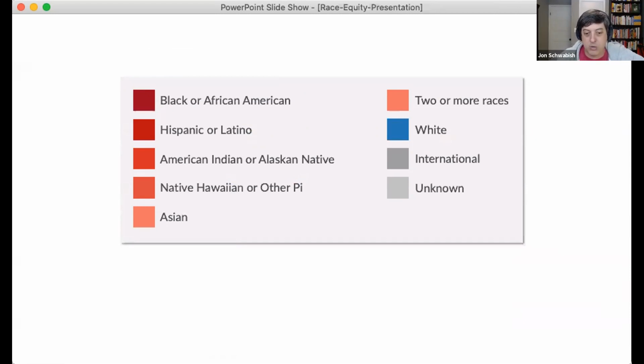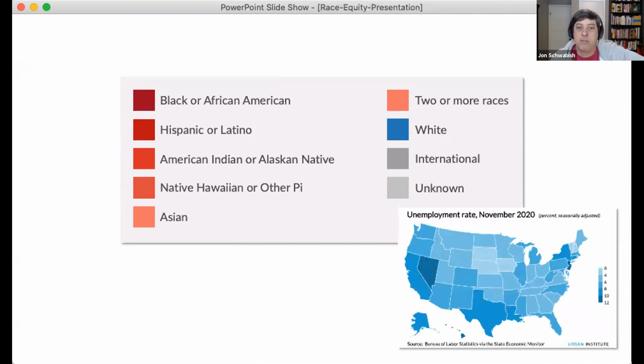Well, let's go back to our choropleth map of the unemployment rate. Remember that in this particular map, lighter colors represent lower unemployment rates and darker colors represent higher unemployment rates. So there's at least two problems with this legend from MIT. First is that they are grouping all of the students of color into these shades of red.